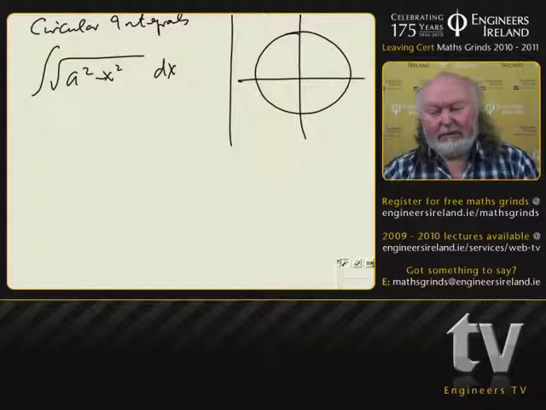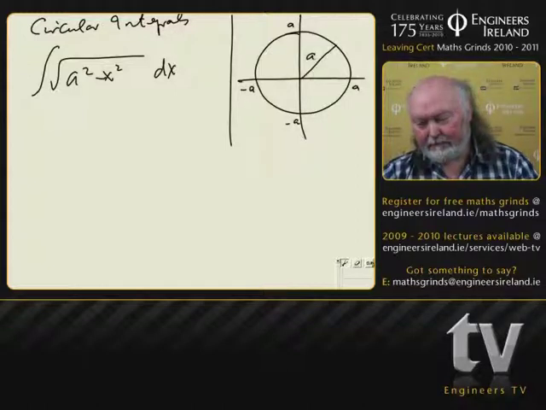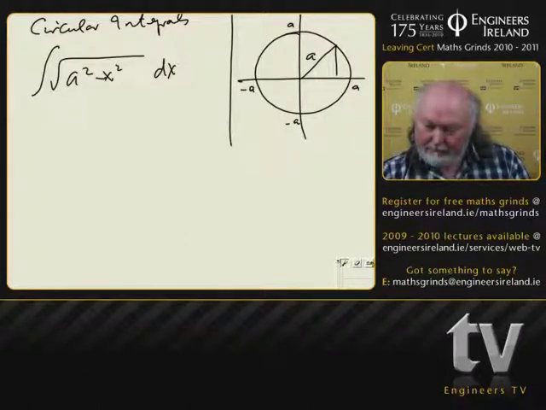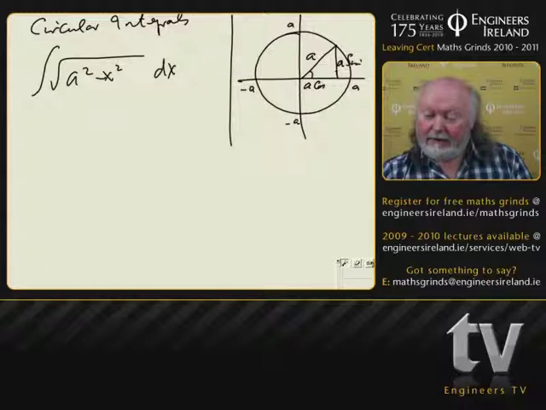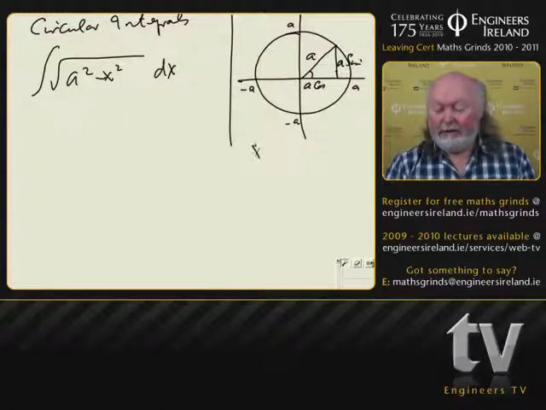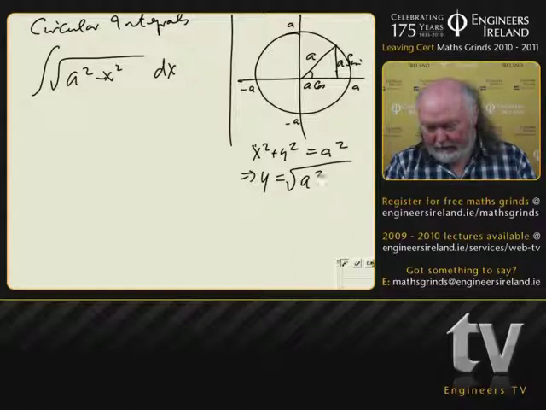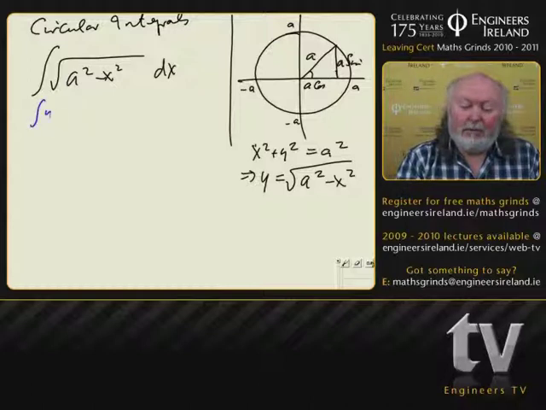We already just looked at the unit circle, but in this case we'll pick a circle with a radius a. And we know you will have a cos of the angle and a sine of that angle here. We also know x squared plus y squared equals a squared. That implies that y equals the square root of a squared minus x squared. So technically this is the integral of y dx.